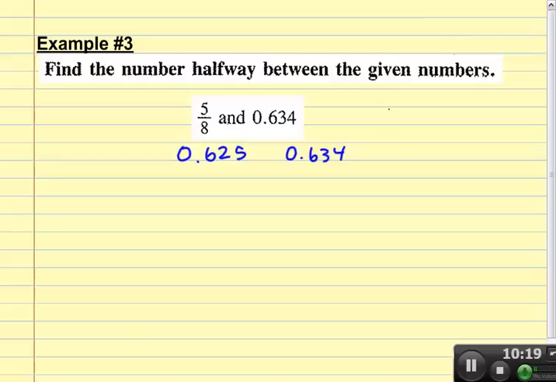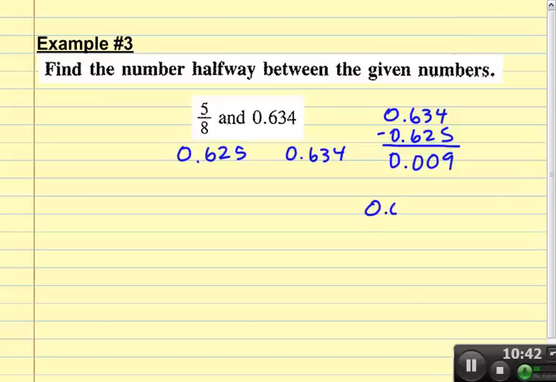Just subtract 0.634 minus 0.625, right? And that's what, 0.009? Yeah, there we go. All right, now I need to half that, okay? So that's going to be 0.009 divided by 2. So half of that is 0.0045, okay?